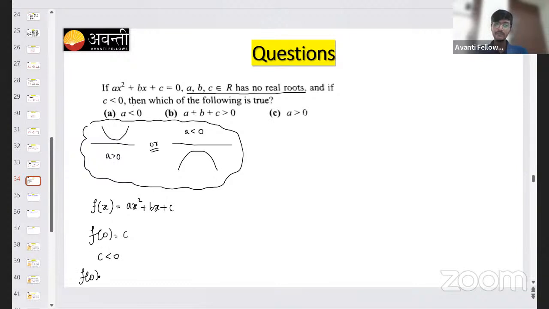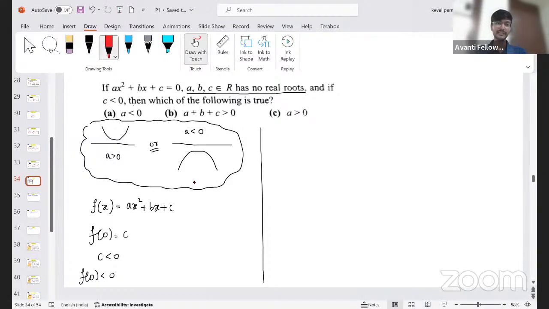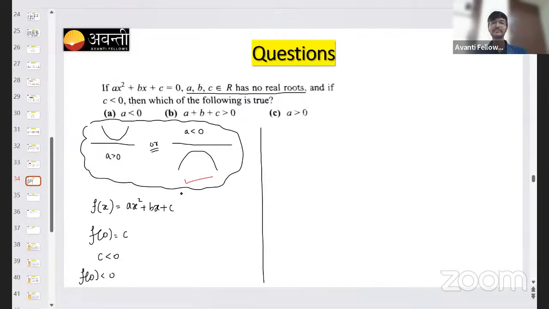That means f of 0 is less than 0. And if one of the values is less than 0, which case is it? It is the second case. Why the second case? Because when we put x equal to 0, we got a negative value.